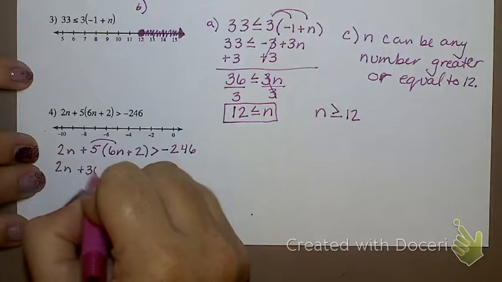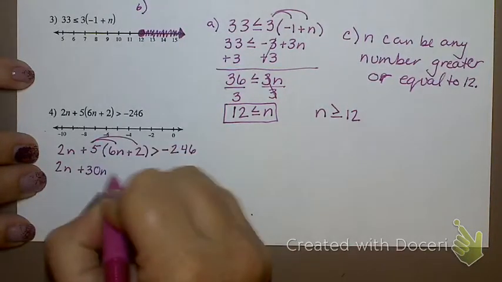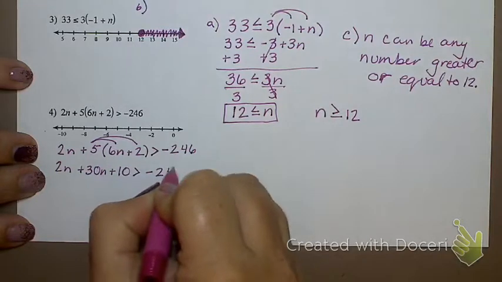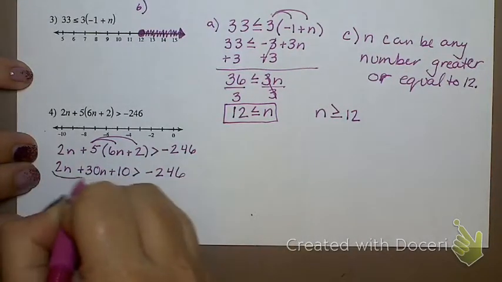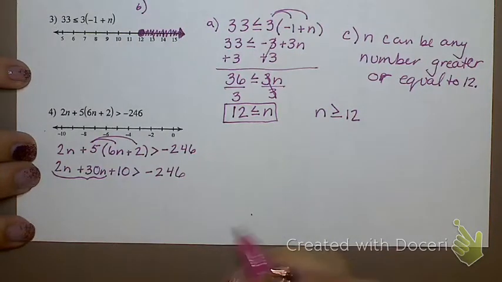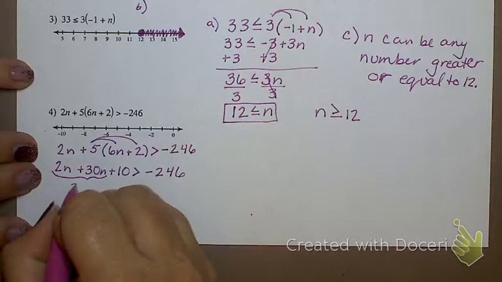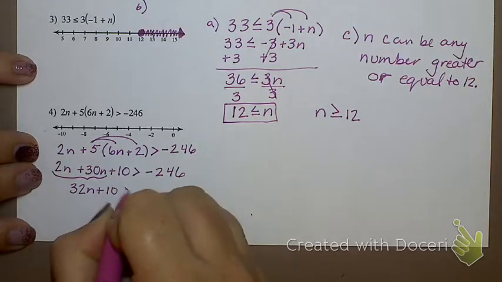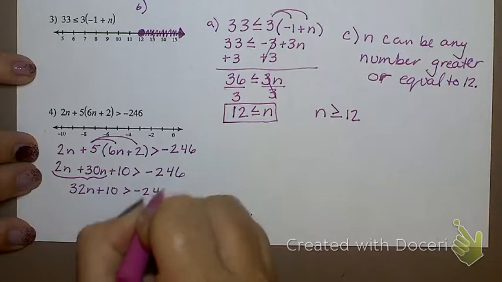Plus 30n plus 10 is greater than negative 246. Now I have two like terms on the same side of the equal sign, right? Or the same side of the inequality sign. Yes? So 2 plus 30 is 32n plus 10 is greater than negative 246.